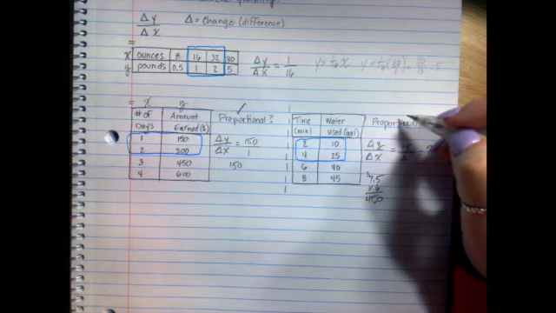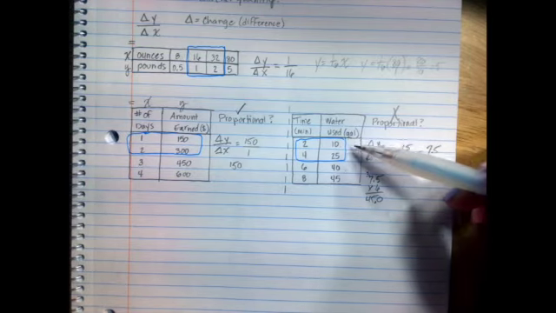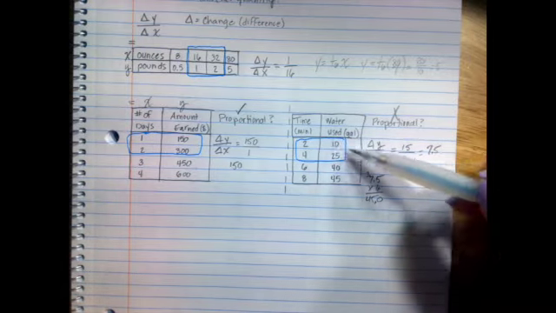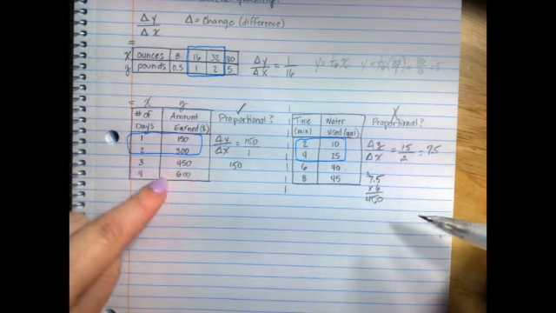So is this proportional? No. The constant rate of change, there is no constant. Yes, I found one, but that's because I used numbers next to each other like this, and I just found something that worked, but that does not hold true throughout like it does for the other one.